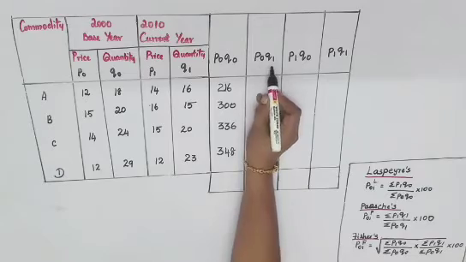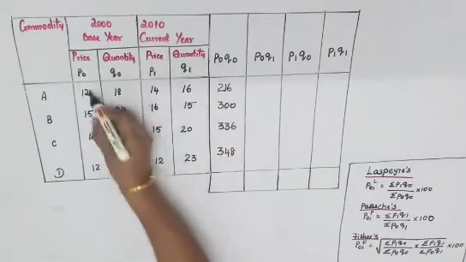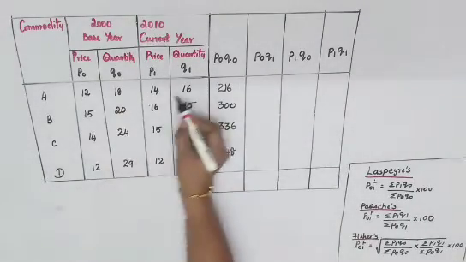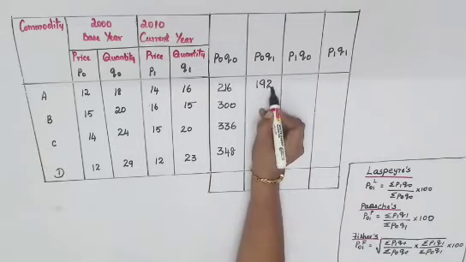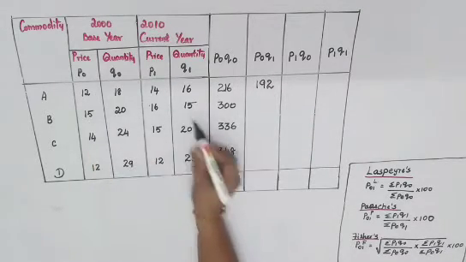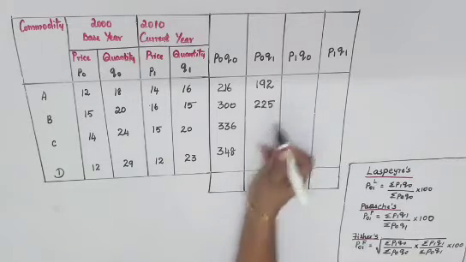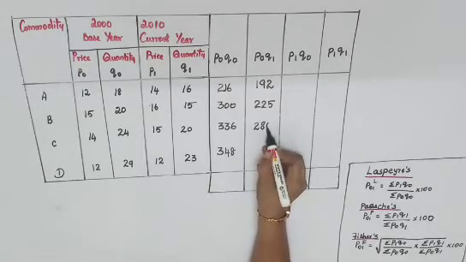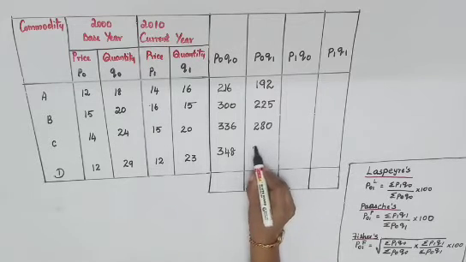Next is P0Q1: the first column and the last column you multiply. 12 into 16 you will get 192. 15 into 15 you will get 225. 14 into 20 you will get 280. 12 into 23 you will get 276.